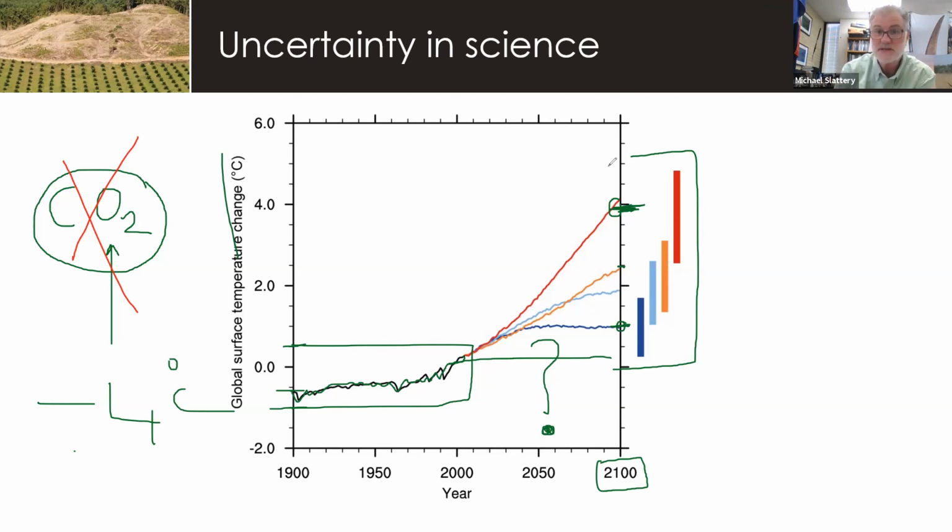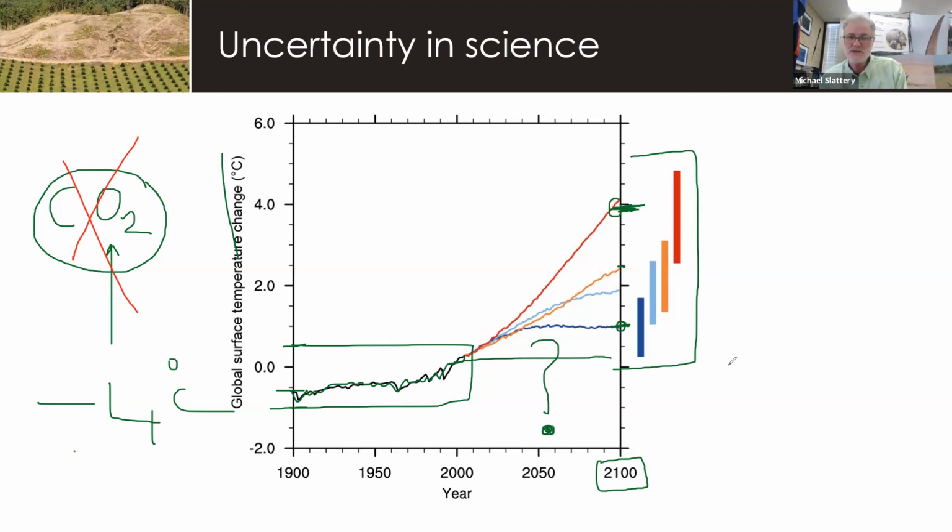And the reality is it's because of uncertainty. Yes, there's uncertainty in exactly how well the climate models are replicating global temperatures, but we think they do a pretty darn good job. My point is uncertainty is just part of the scientific method, and it's something that we just accept.